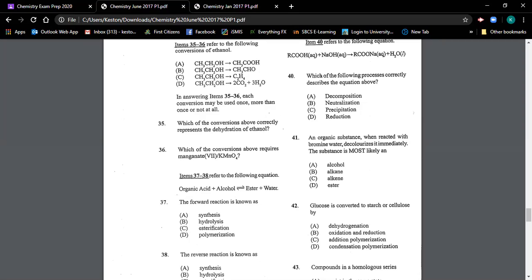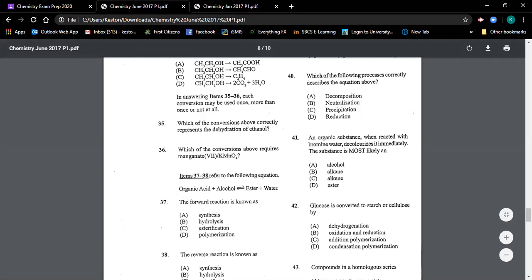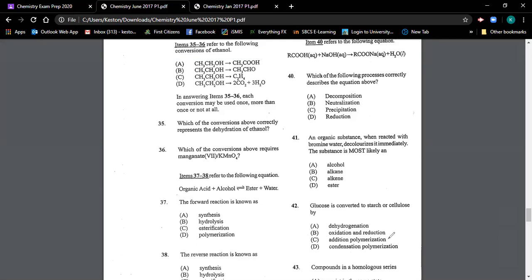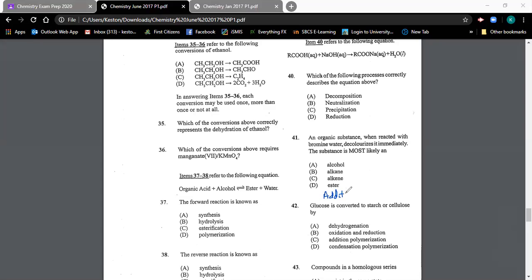I take it none. Anybody else? There's only one monomer unit that undergoes addition polymerization. So there are two types of polymerization: addition and condensation.